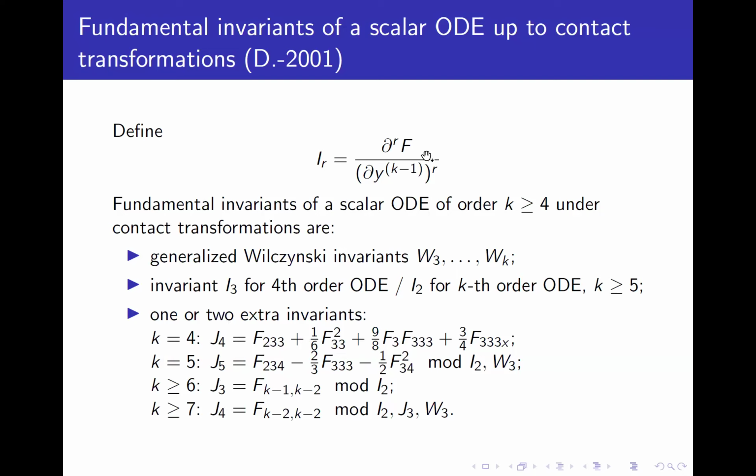Luckily, for the contact geometry of ODEs, one just needs to go to degree 4. It's not needed to compute the whole Cartan connection. It's sufficient to compute explicitly a few first terms in the explicit expression for this Cartan connection.